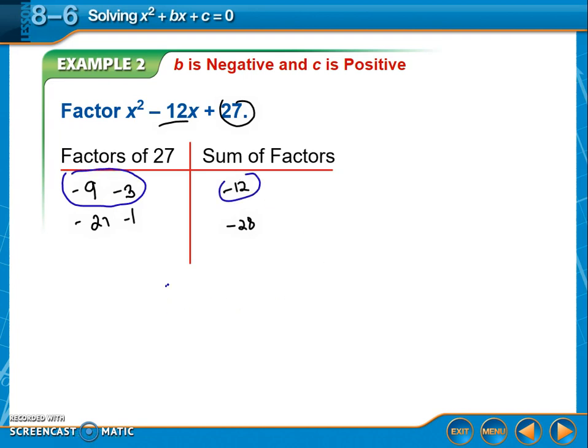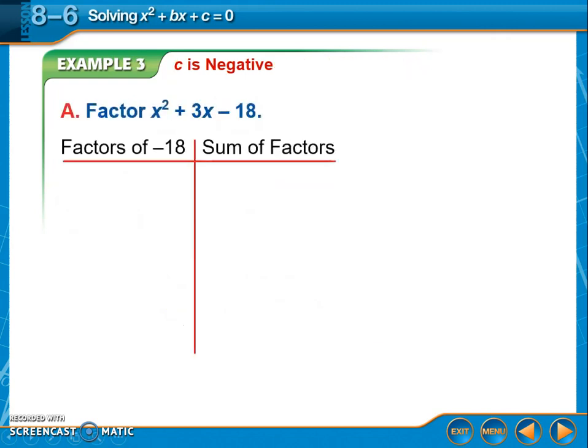I write it as x minus 9, or x plus a negative 9, and x minus 3. That's my factored form. You don't have to check, but if you were to check it, using first terms, outside terms, inside terms, and last terms, and combining like terms, I get back to my original that I was trying to factor.